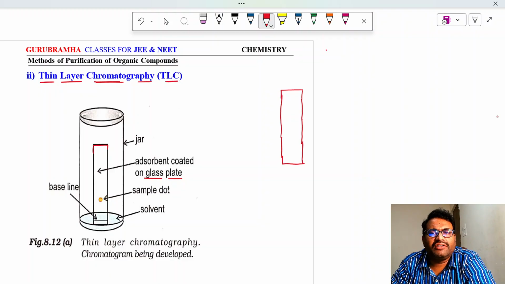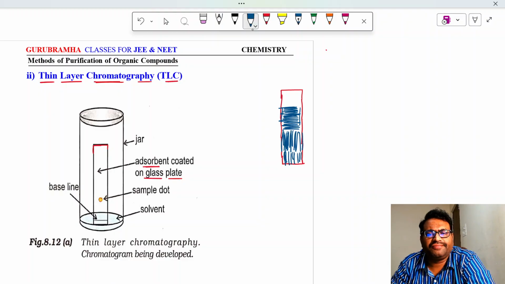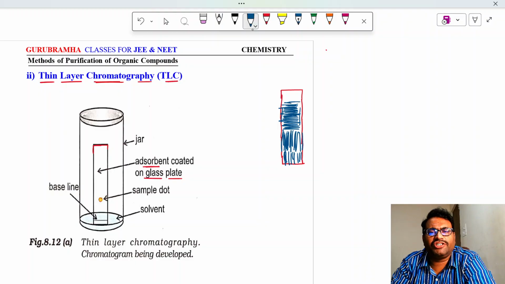So we are coating adsorbent, that means stationary phase. It is coated with a stationary phase. So this is all stationary phase, right? We have coated it with the stationary phase.